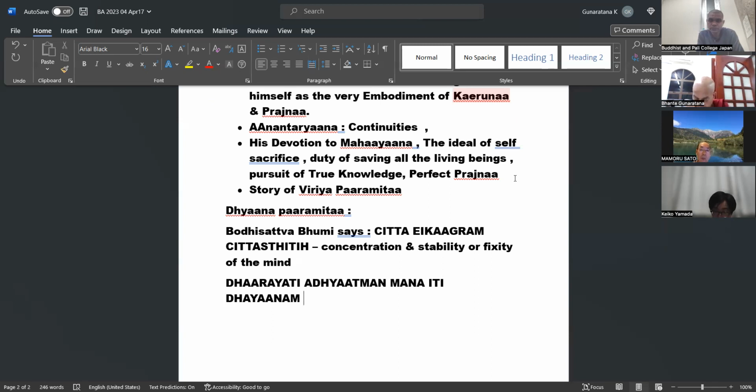This is a definition. Dharayati adhyatman mana iti: that which supports the mind.